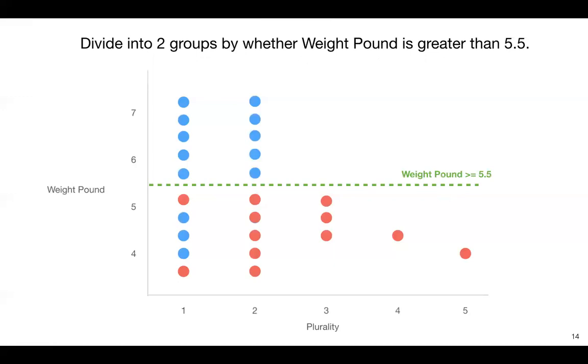So now let's draw the line between 5 and 6 pounds. Let's say weight in pounds is greater than 5.5, and we draw that here, because it seems that any baby whose weight is greater than 5.5 pounds, we can say, hey, these babies are not premature, right?